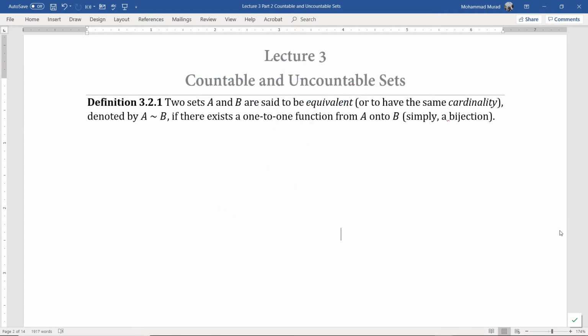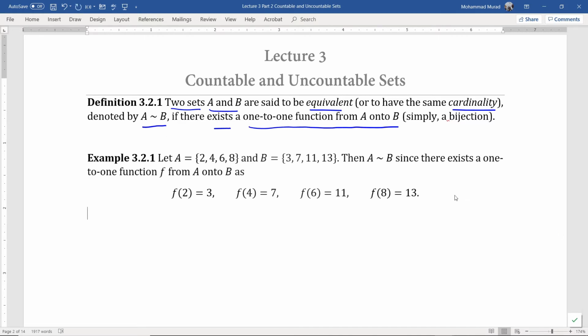Let's begin our discussion with the definition of equivalent sets. Two sets A and B are said to be equivalent, or to have the same cardinality, denoted by this symbol, if there exists a one-to-one function from A onto B. Simply, if there exists a bijection from A onto B. Consider an example.